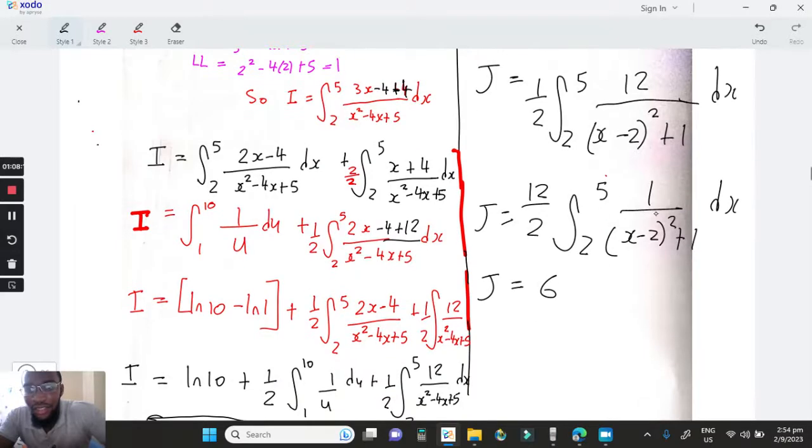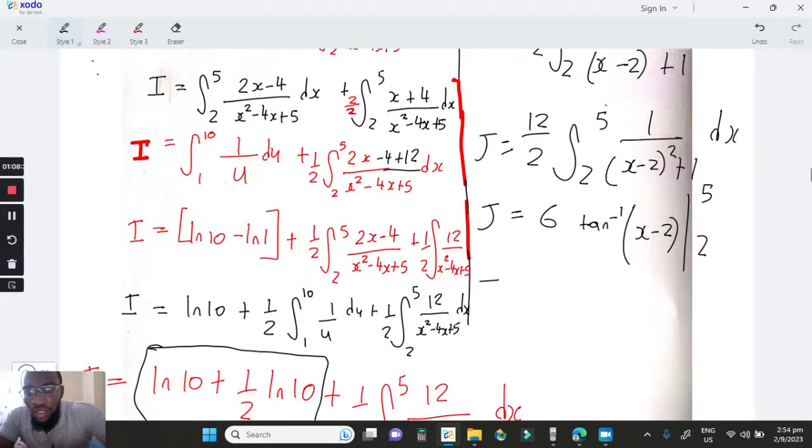And when you integrate this, you get tan inverse of (x minus 2), and a is 1 in this case, so it's not even doing anything. So it's tan inverse of (x minus 2), and we're going from 2 to 5. So now we plug in.